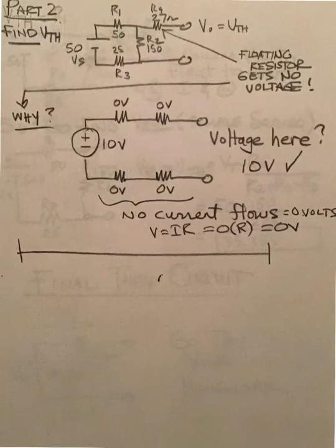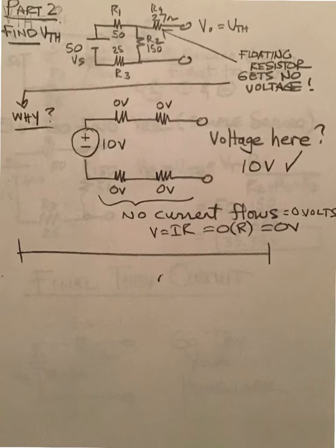Now, continuing on, Part 2 requires you to find the Thevenin voltage out there. As you can see in the circuit up at the top, there is a floating resistor. I have removed the load, so that resistor is basically floating in the wind.